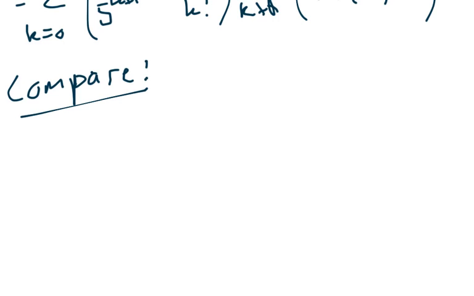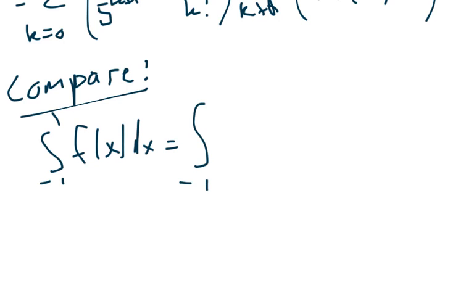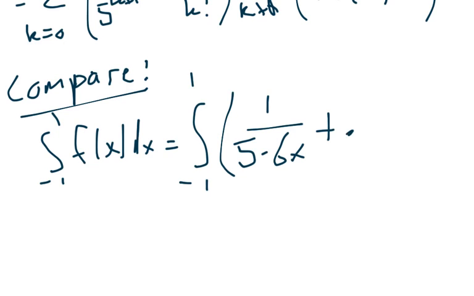So we're going to do a comparison, and we have the integral from -1 to 1 of f of x dx. Well, this is just the integral from -1 to 1 of 1 over 5 minus 6x plus e to the 2x dx.